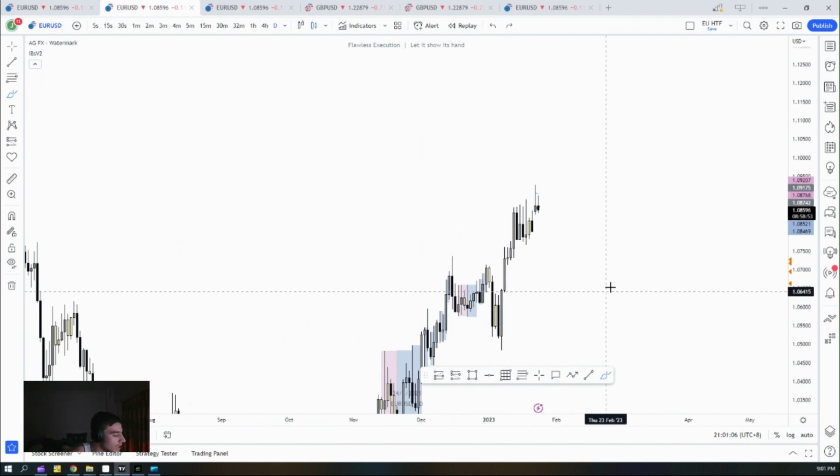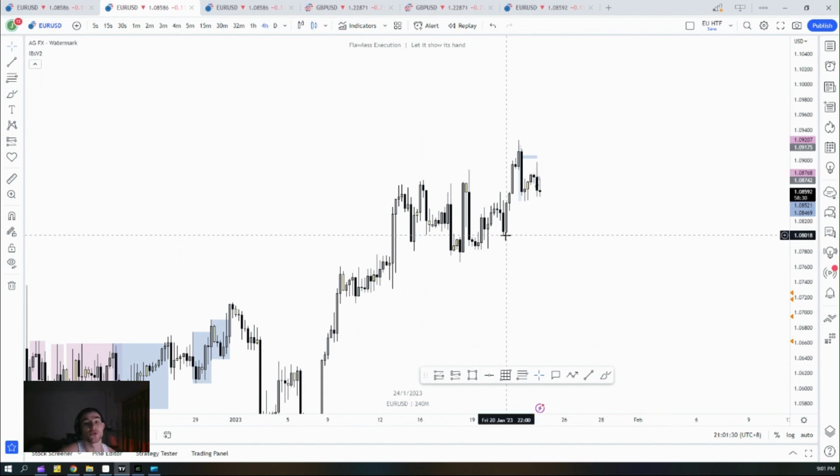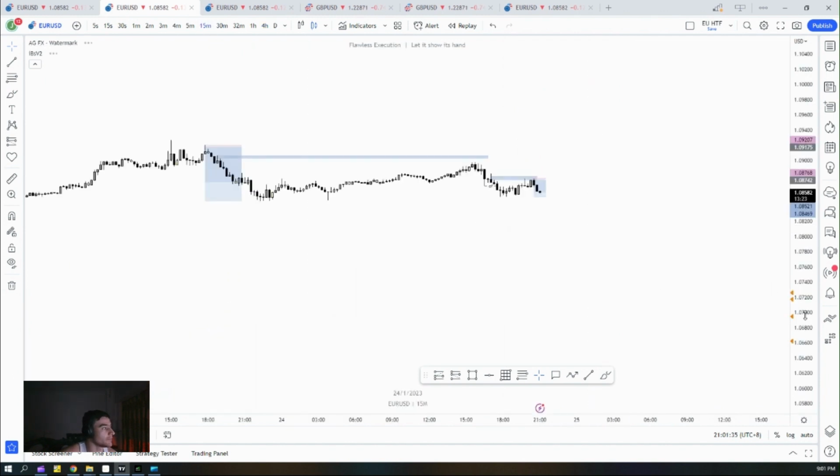So my bias then changed to short for the short term. Now, if I go to the 4 hour, you will see the same thing. The 4 hour, we actually broke bullish. So we were due to have a pullback, obviously, back into this range where we can then potentially look to get long again. And then the 15-minute is where I actually took the entry.